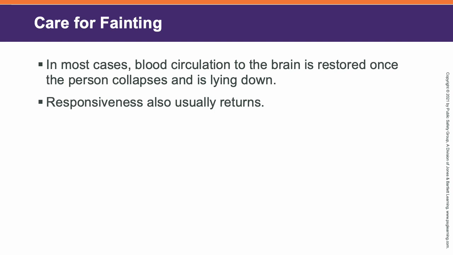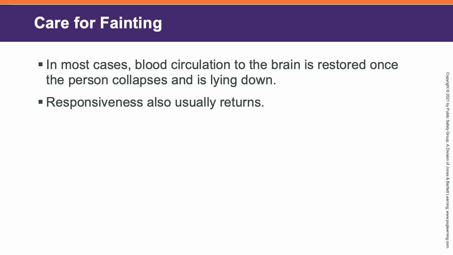If somebody faints for no apparent reason and they stay unconscious for a few minutes, they need to be seen by a physician. Monitor their breathing and all those things. If they don't come back after a few minutes, you need to call 911 for sure, and get it taken care of.